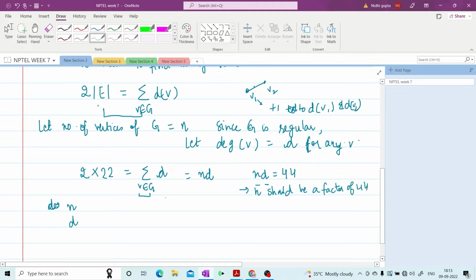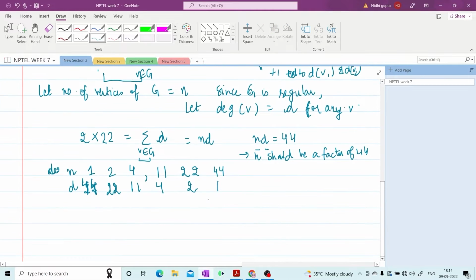So the possibilities of n are 1, 2, 4, 11, 22 and 44, and corresponding to them the degree d is 44, 22, 11, 4, 2 and 1.